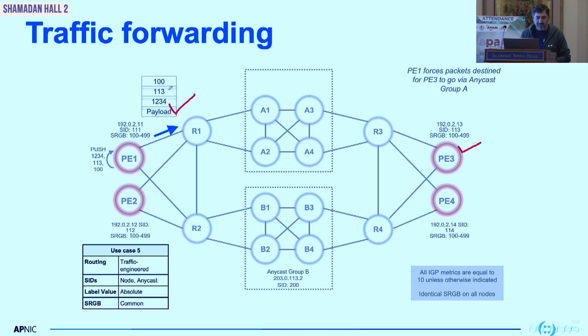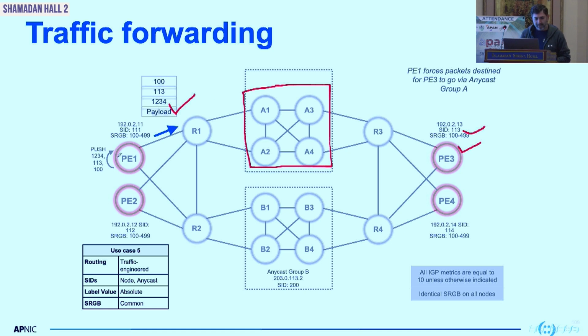In this case it is 113, because the index here is 13, and it will be added to the base, so it becomes 113. Then after that we need to put the APNIC SID for these 4 routers, which is 100.